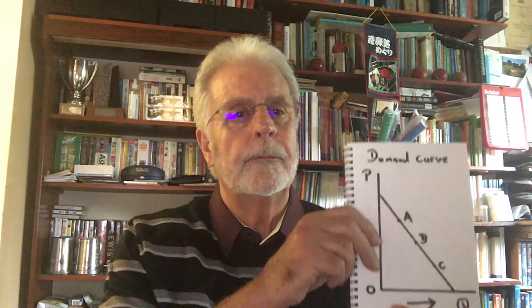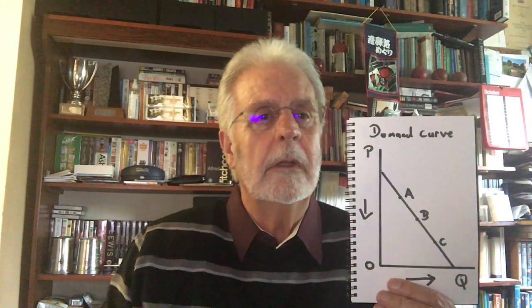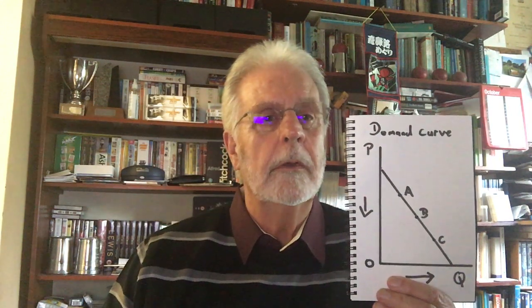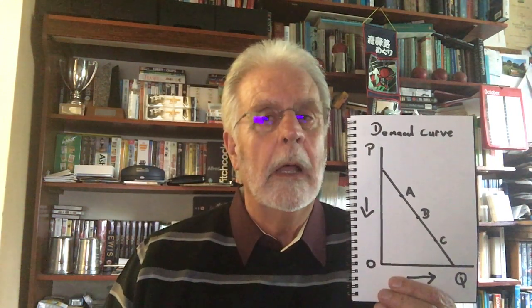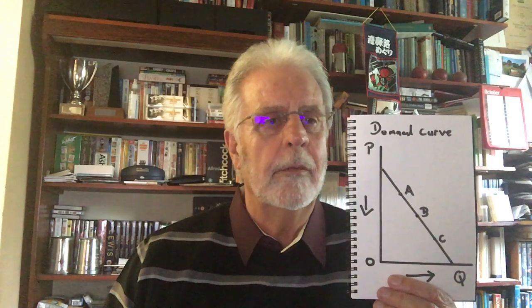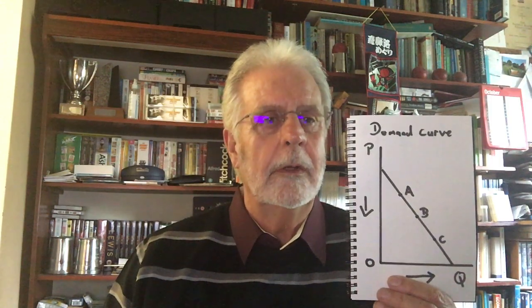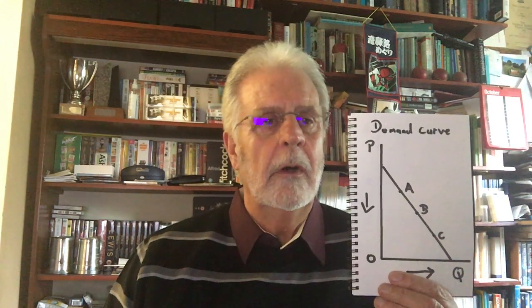Now, this is very simple, you'll be pleased to know. But if I just took a straight line, that's the demand curve sloping down from left to right, and I've just joined it to both the axes to illustrate this particular point, then I can work out the elasticity of every point on this line just by measuring it with a ruler.